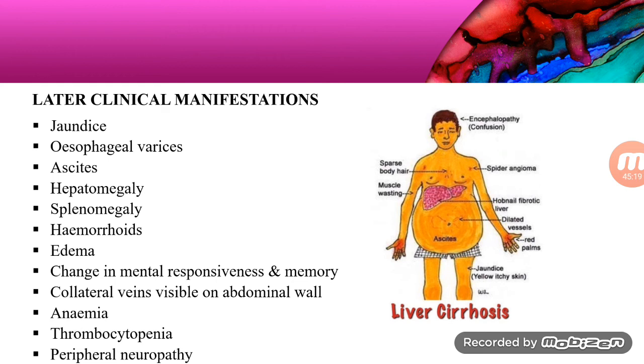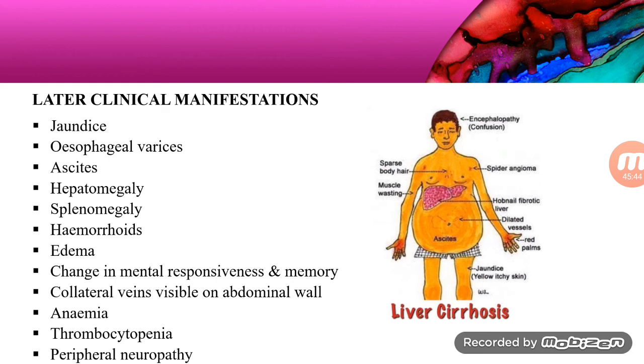Jaundice you can see. Then esophageal varices, as I mentioned before, is enlargement of the veins of the esophagus. Then ascites. What is ascites? Ascites means accumulation of fluid in the peritoneal cavity. This is also a late clinical manifestation in severe liver cirrhosis.